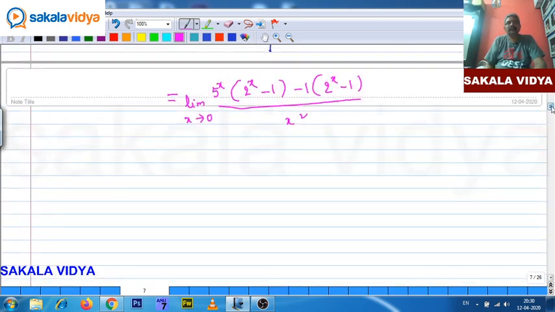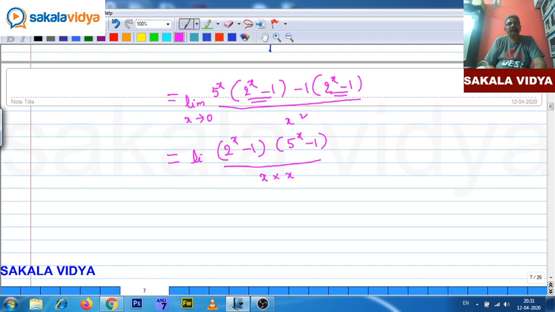So, the next step: this 2 power x minus 1 has been taken common out. We have 2 power x minus 1 common into 5 power x minus 1 upon x square, we can write x into x. Limit x tends to 0.